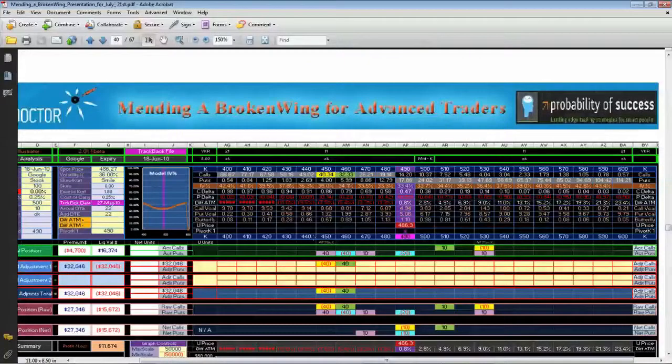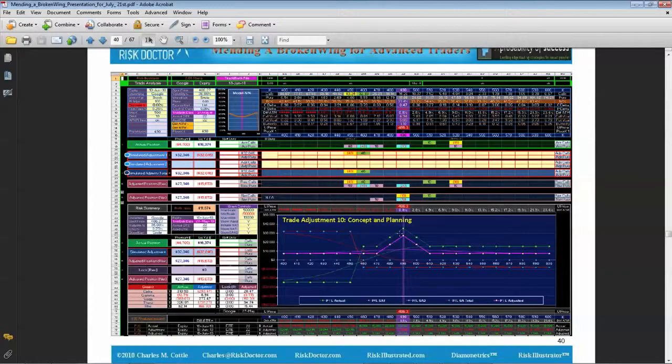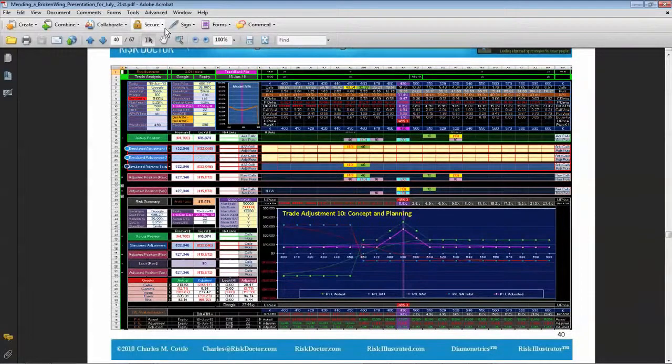Okay, so I want to see trade analysis. There's the 40. Now, my actual position, okay, let's zoom in here and have a little discussion.